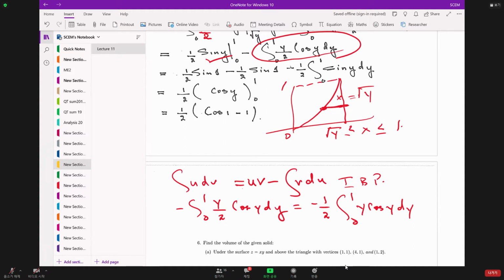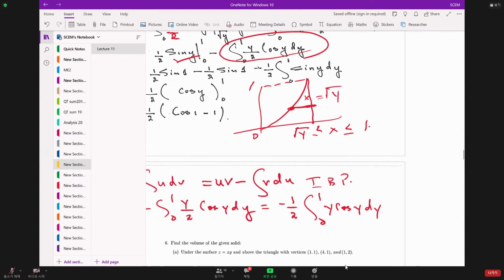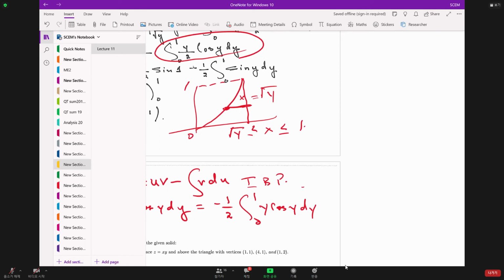That's a constant out, so all we have to do is deal with this part, then multiply by minus half. Take the constants out.